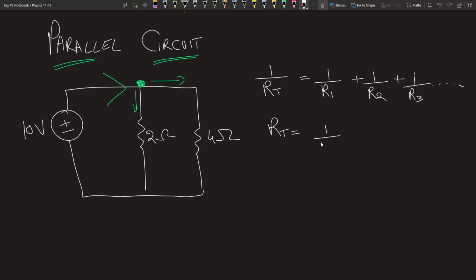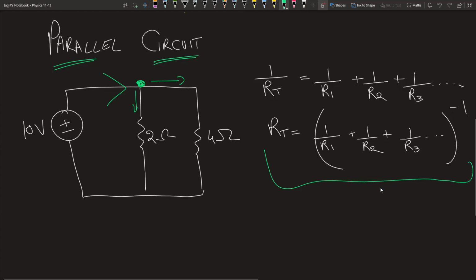R total is going to be 1 over R1 plus 1 over R2 plus 1 over R3 dot dot dot, all raised to the power minus 1. When you do that, you see this is the reciprocal. At the end, you're going to have to do that anyways. But by writing the formula like this, it makes it even more clear. Okay, it saves you that extra step.